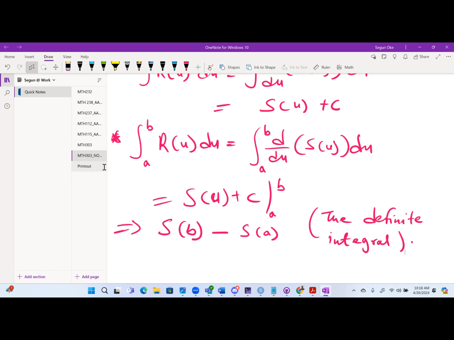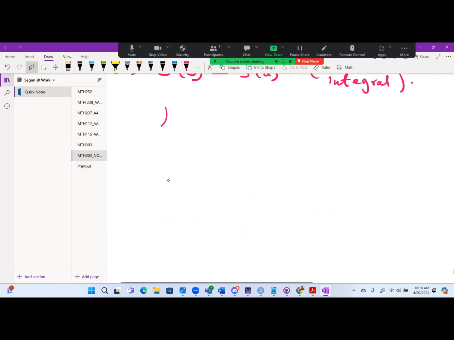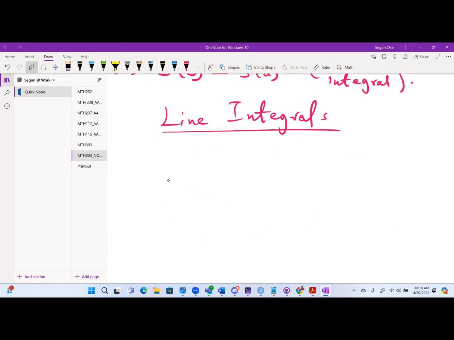For the line integral, we have a certain value. Let's look at it. For line integrals, I will just give us the definitions, or we have the definition already.